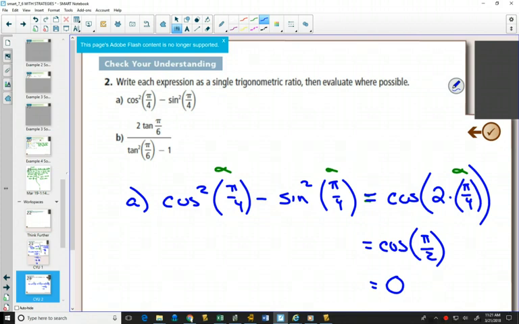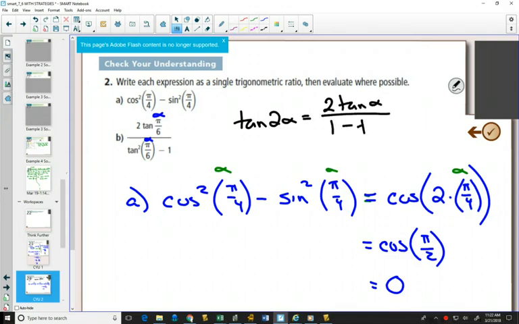Now, in part B, when we look at the formula, here we've got 2 tan alpha over tan squared alpha minus 1. And our formula sheet says tan 2 alpha is equal to 2 tan alpha over 1 minus tan squared alpha.